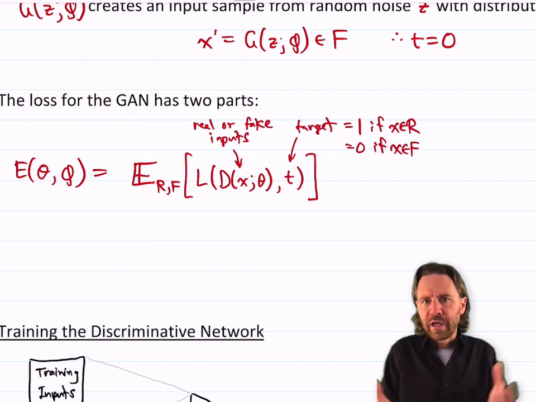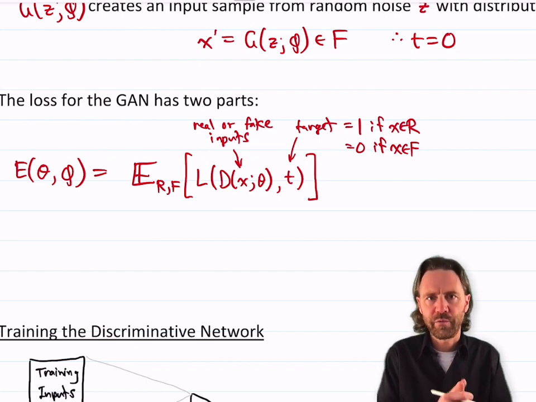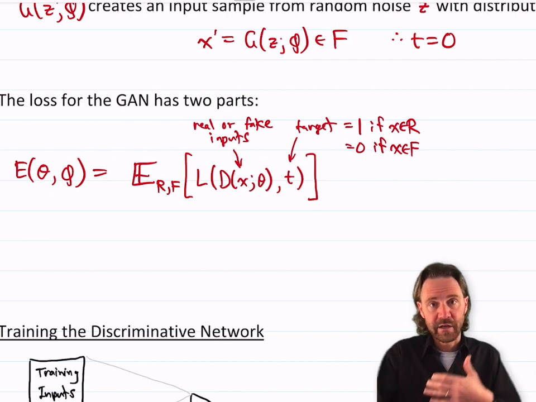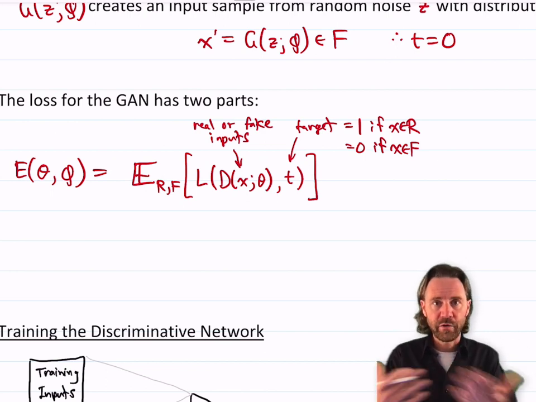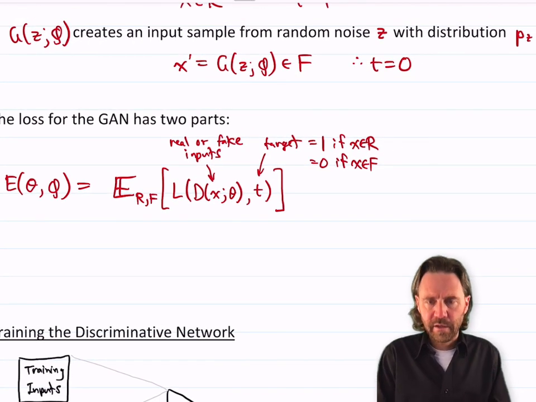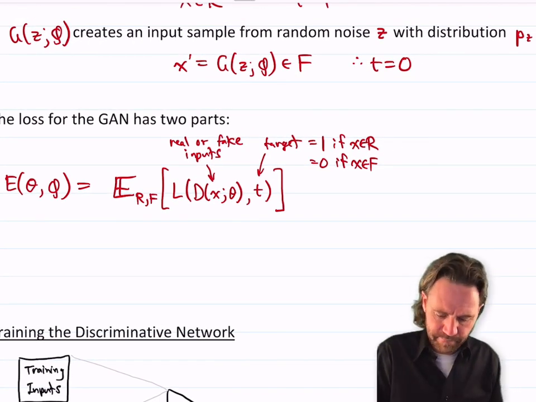Okay, so we, as the people training the network, know which inputs were real and which inputs were fake, and we just assign targets of 0 and 1 according to which set they came from. So that's part of the loss, but there's also another part.